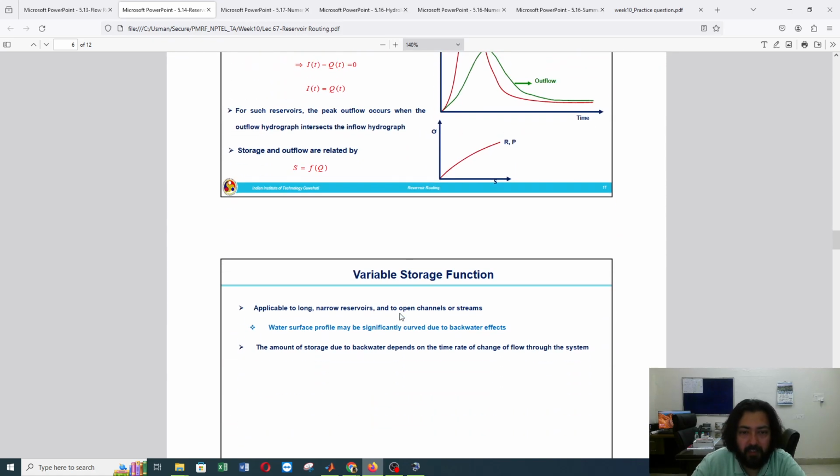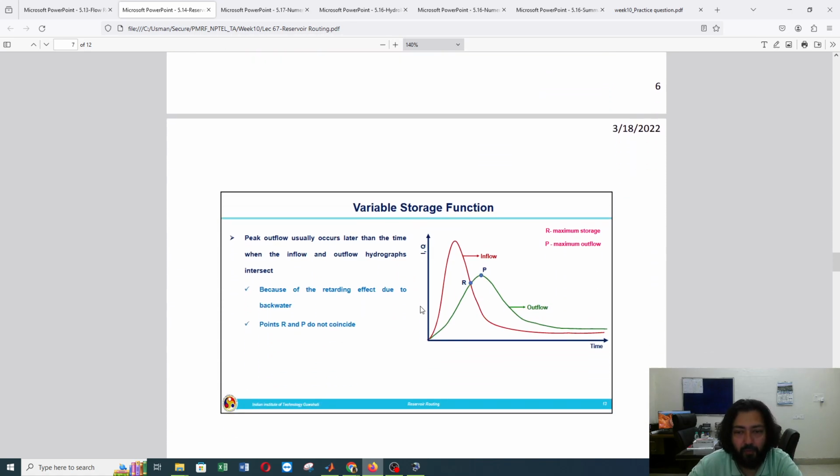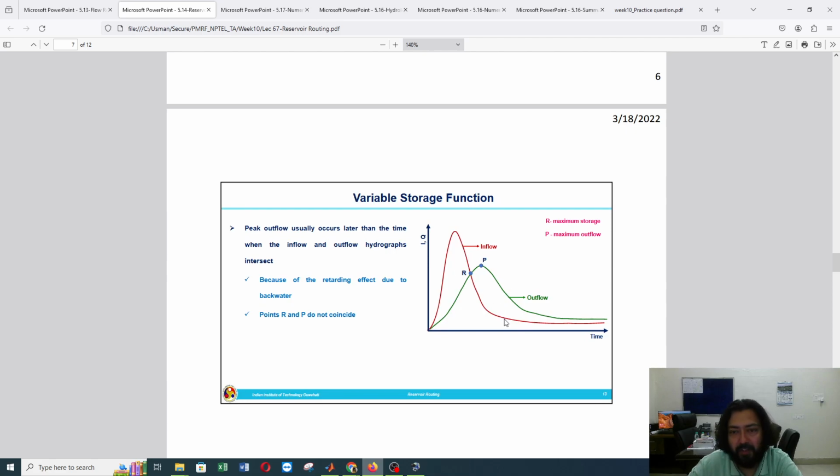But let us say there is a situation where the water surface is not horizontal and also there is an effect due to the backwater curve. That means the water level is changing. So in that case we are going to use variable storage function. So what kind of changes are we going to observe in the outflow hydrograph? Here we can see whenever we have an intersection between inflow and outflow hydrograph, that point will give us maximum storage, right?